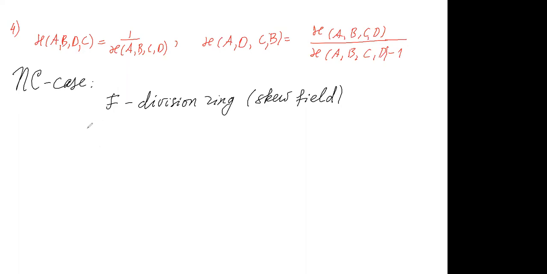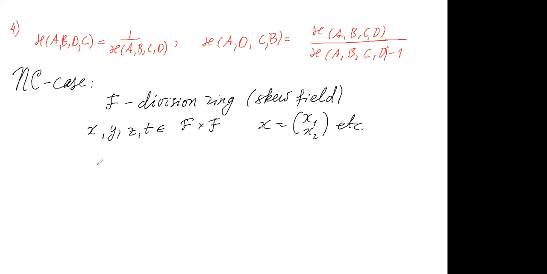And we have 4 points X, Y, Z, T in the Cartesian square of F. You can regard this as a kind of analog of R2 or C2. Coordinates of X will be denoted by X1, X2, and so on.